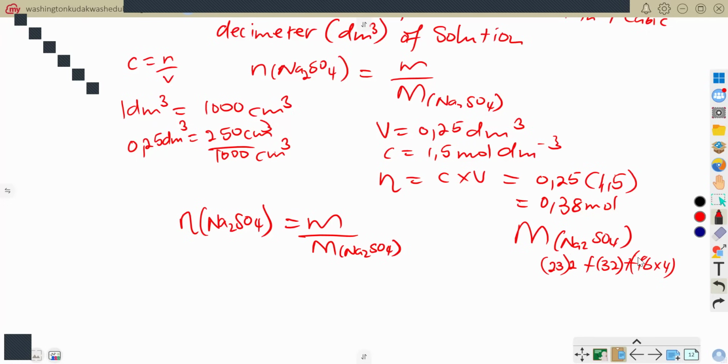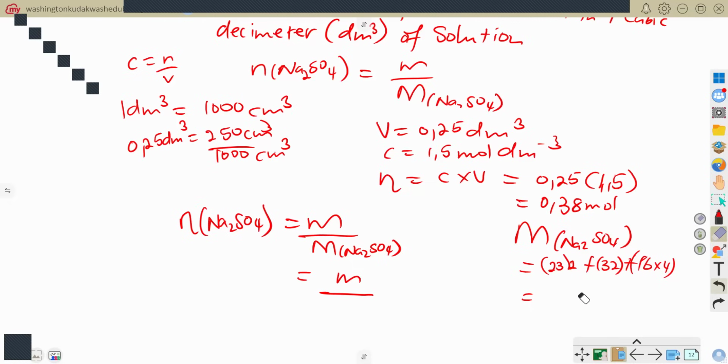Let me use my calculator. If I use my calculator to find the molar mass there, my total would simply be equal to 98. But I'm looking for the one for sodium sulfate, and that is not equal to 98.